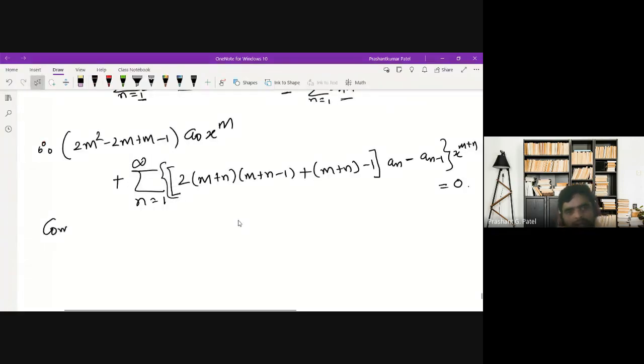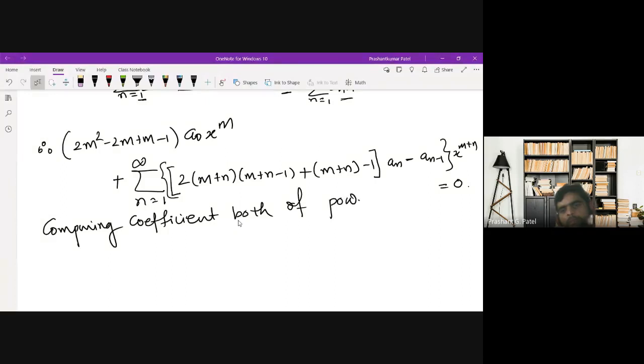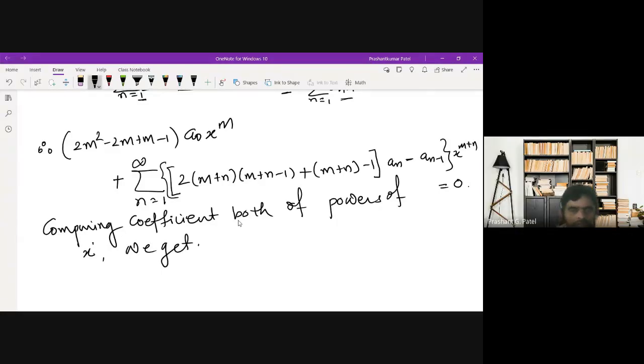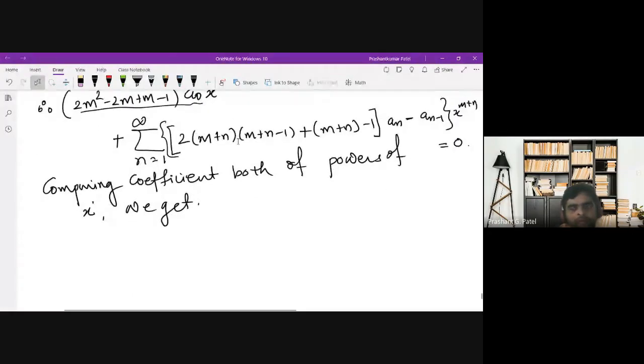So what we get is comparing coefficients of powers of x on both sides. Here you will have the power of x power m, which is the lowest degree term, and if you compare the lowest degree term, you will have the indicial equation.